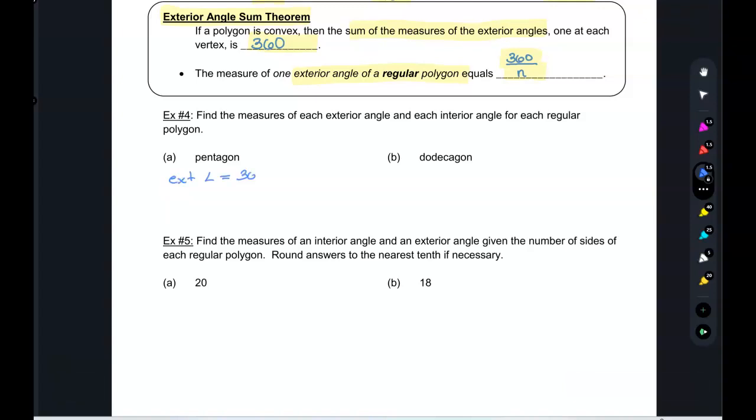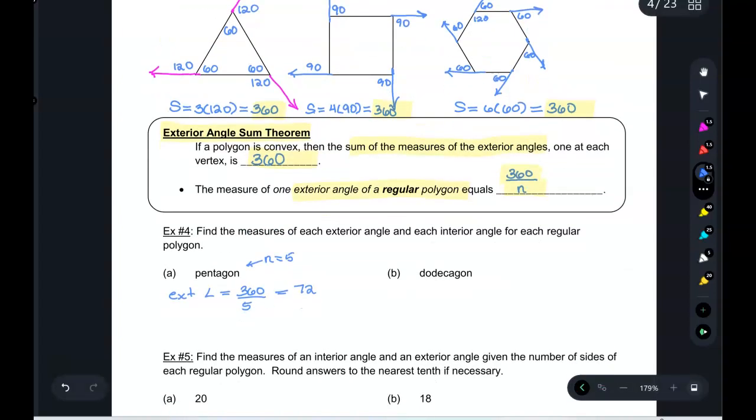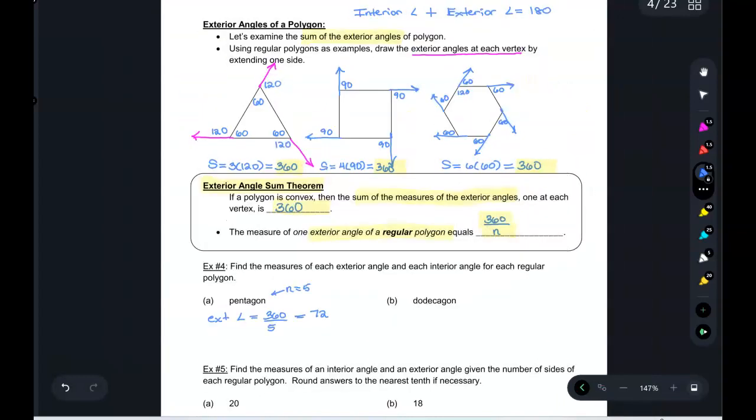We're just going to take 360 divided by n. A pentagon has 5 sides, so n is 5. 360 divided by 5 is 72.